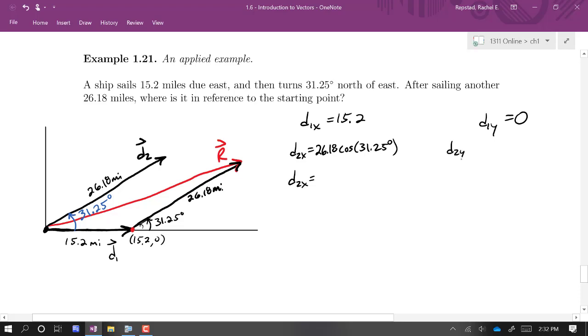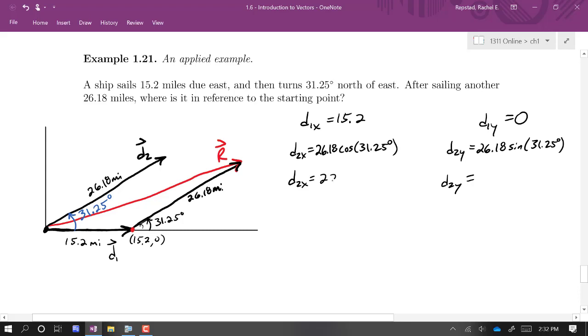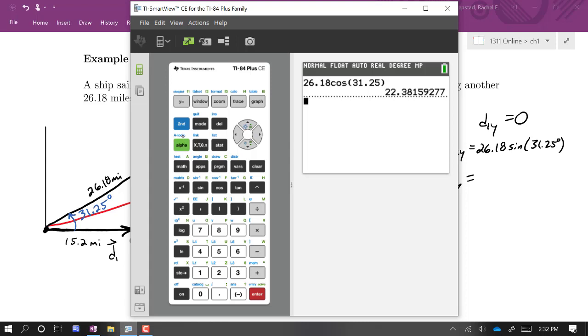And D2y is 26.18 times sine of 31.25 degrees. So D2x is 22.38. And D2y is 13.58.